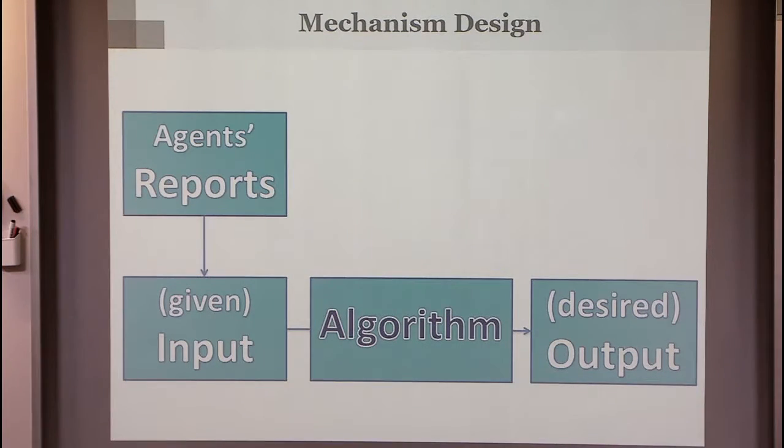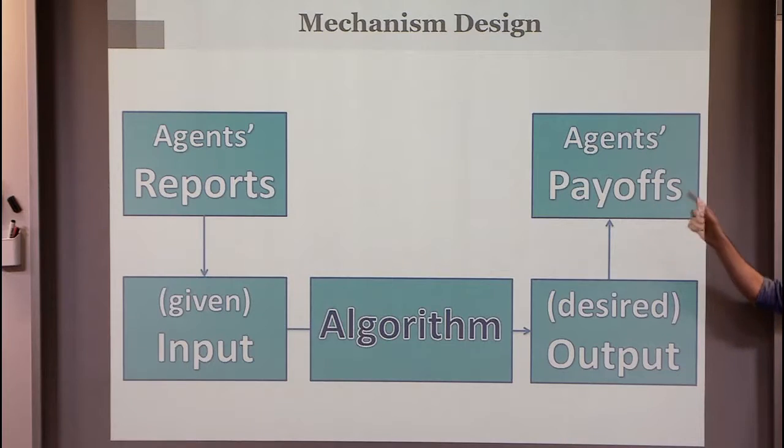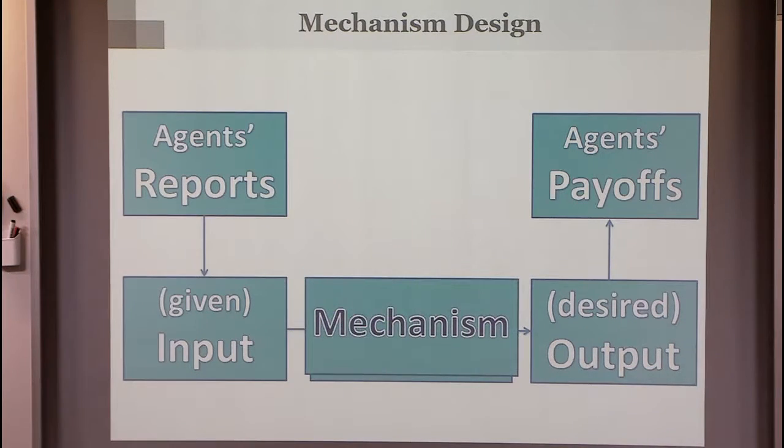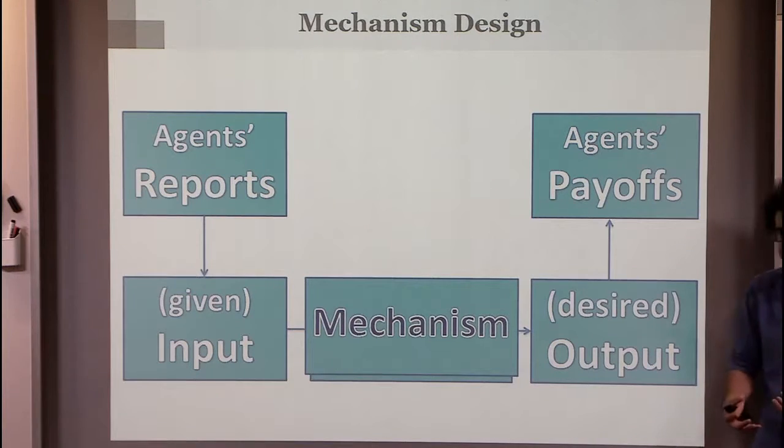And unfortunately for the designer, the agents care about the computed output. So they have a keen interest in the output. And if it so benefits them, they may lie about the input they control to influence the output of the algorithm. And a mechanism really is an algorithm that's robust to that strategic behavior.